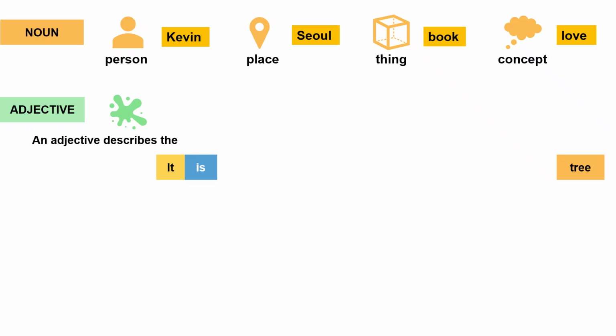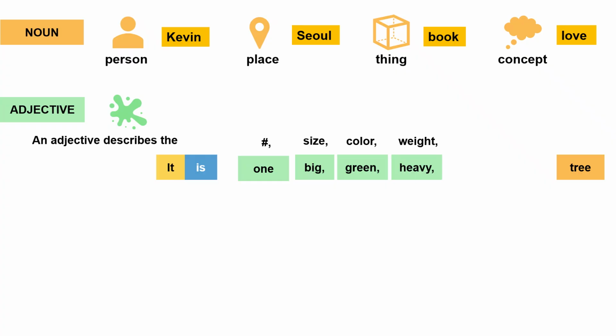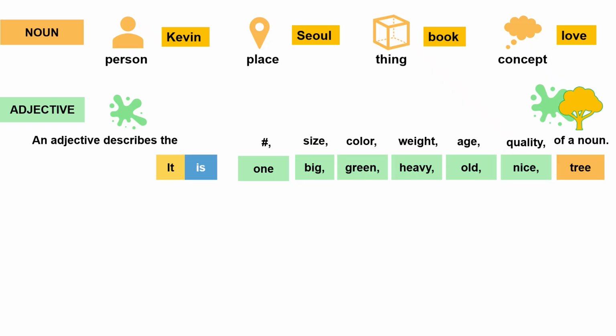An adjective describes the number, the size, the color, the weight, the age, or the quality of a noun. It is one big, green, heavy, old, nice tree. Adjectives always connect to a noun.